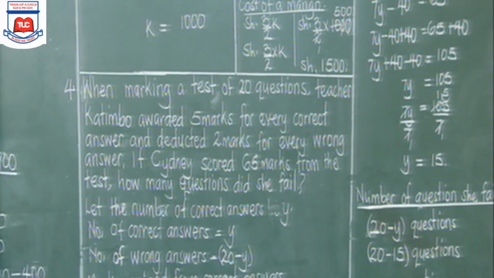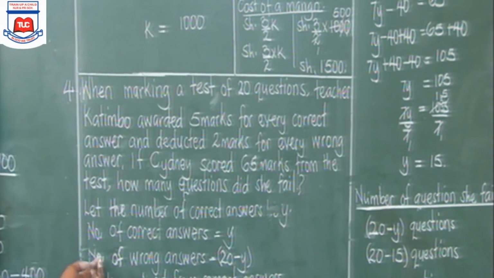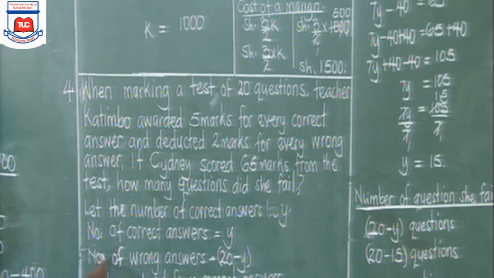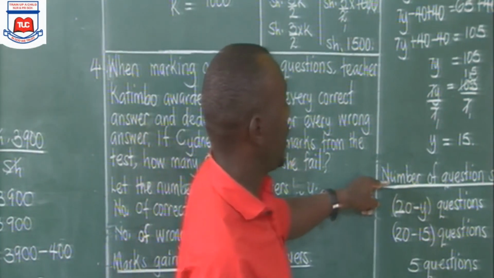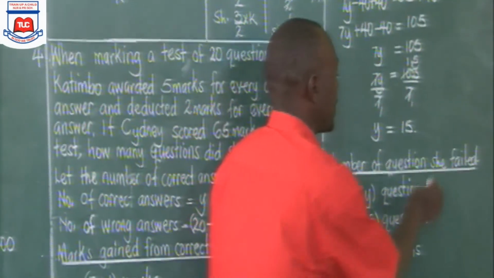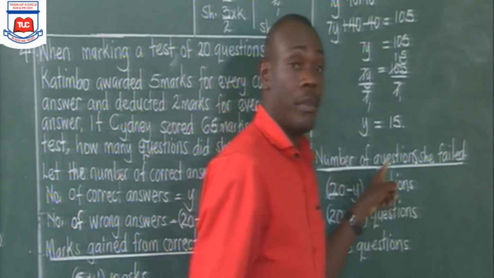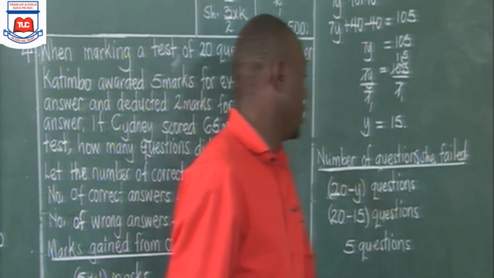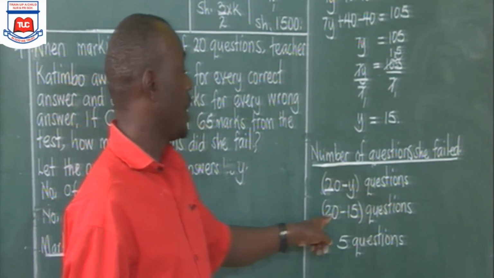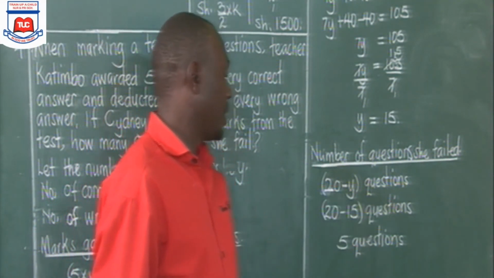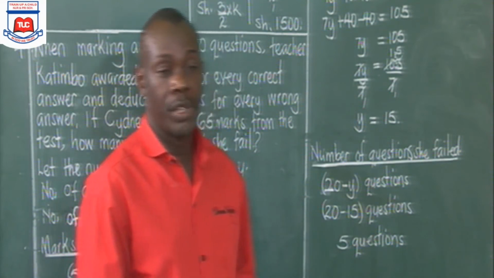They are actually asking for the wrong answers, which we formed as 20 minus y. The number of questions Sydney failed is 20 minus 15. She failed 5 questions.